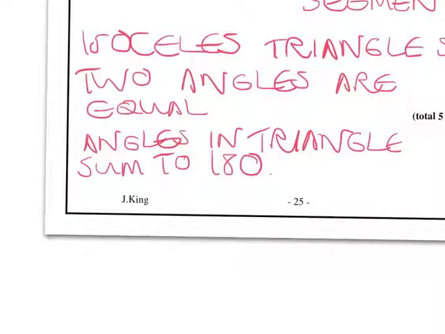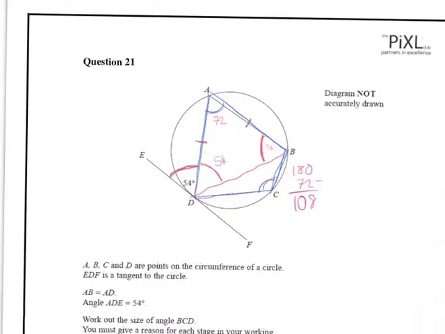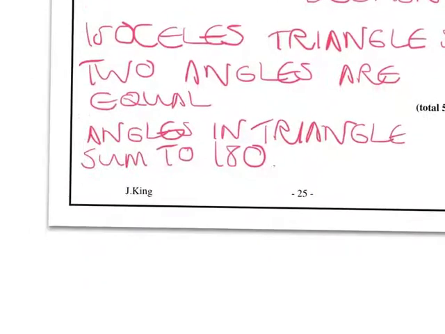And the other rule was the cyclic quadrilateral. Just look at that again, where we've got the blue line, the opposite angles in the cyclic quadrilateral sum to 180. So down here we'll do it again.